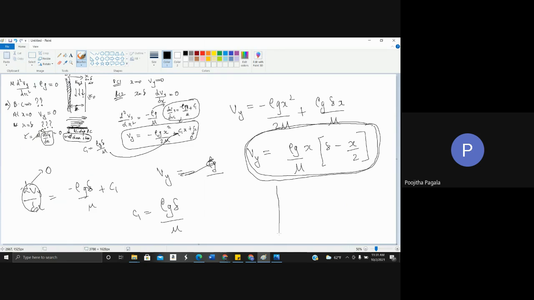So I have the wall and I have the free surface. This is the liquid and this is the gas. This is how the velocity profile is going to look.